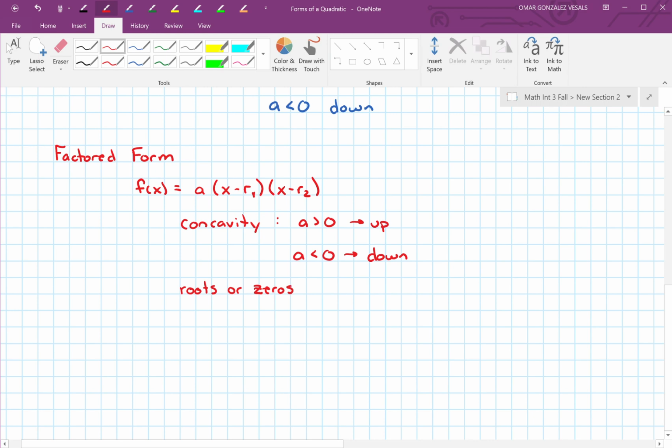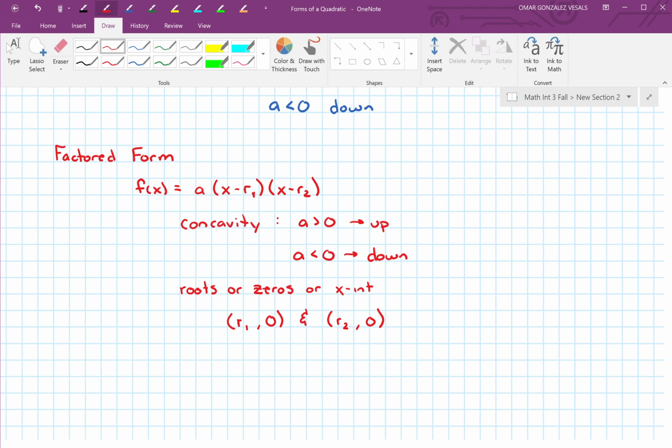Gives you your zeros, also known as your x-intercepts. Your first zero is going to be r1, comma 0. And your second zero is going to be r2, comma 0. And that's the only thing those give you.